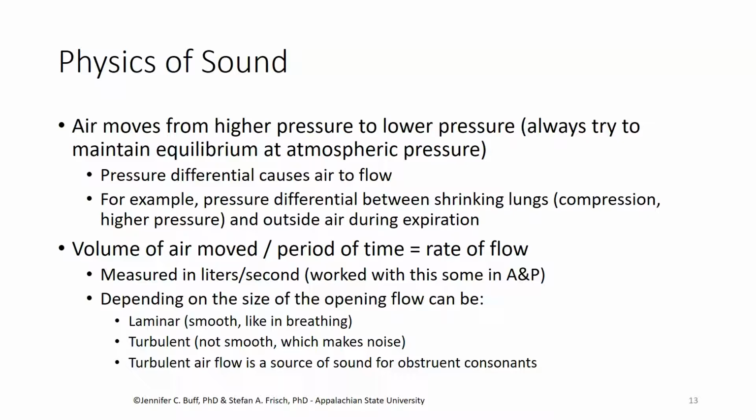The flow can become turbulent or not smooth if there's a large amount of air being forced through a smaller amount of space, and that turbulence generates noise. That's one of the ways that we make noise for speech sounds, in particular for the sounds that are called obstruent consonants. Obstruent because an obstruction to the airflow helps make their noise.